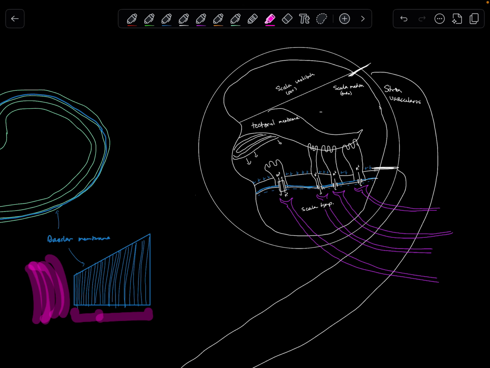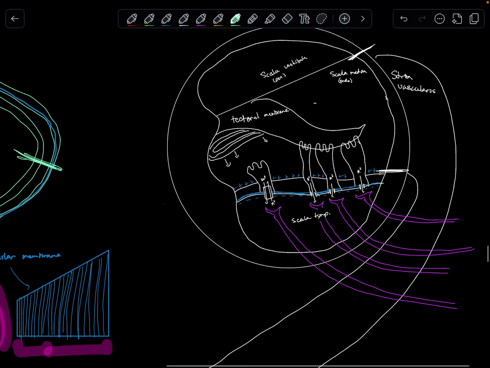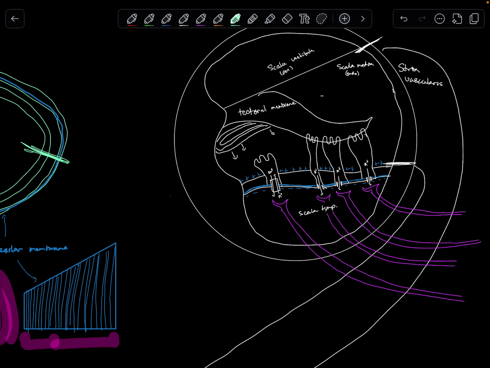So now I just want you to know, I made a transverse cut there, and now we're looking at it head on. I apologize, there's a lot going on, but I'm going to explain really quick.